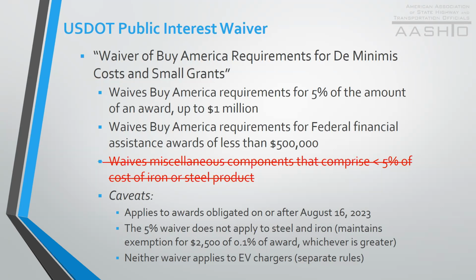This waives Buy America requirements for 5% of the amount of an award up to $1 million. Waives Buy America requirements for federal financial assistance awards of less than $500,000. No longer does it waive miscellaneous components that comprise less than 5% of cost of iron or steel products.